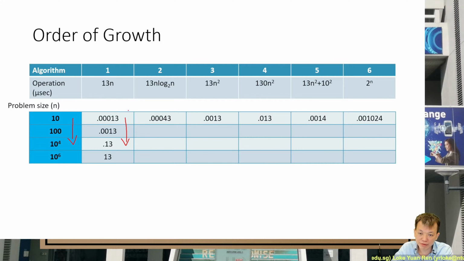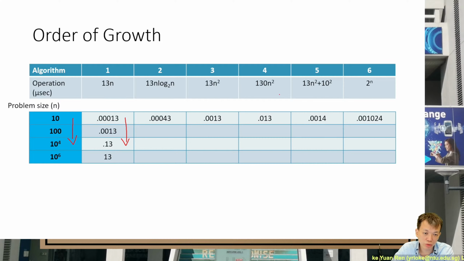Then if you look at a different algorithm, with n equal to 10, this is less than 1 second. This one is also about the same, 0.00043, 0.001343, about the same. And then n squared is a little bit slower, but it's also 0.0013, still fine. This one is 0.13.